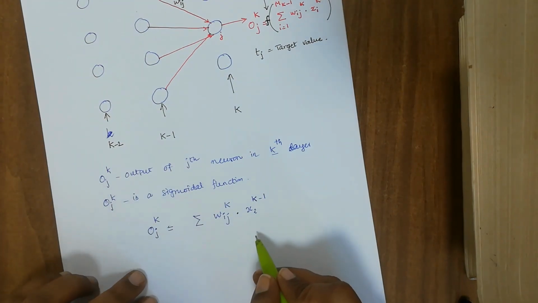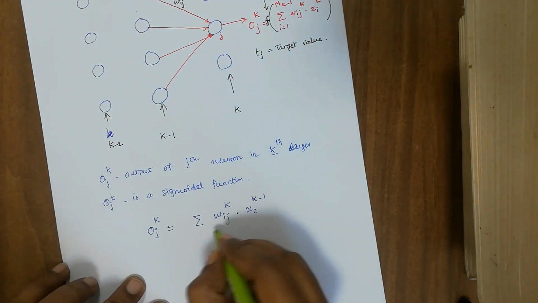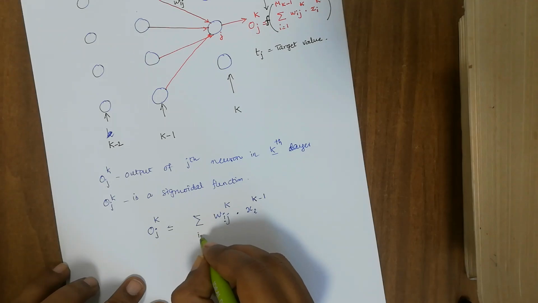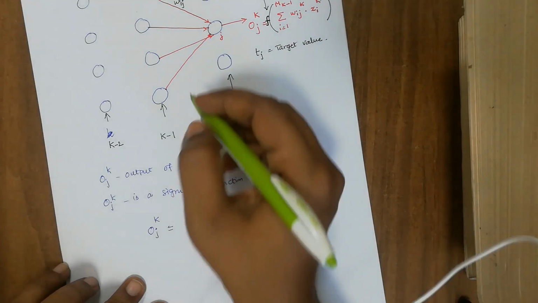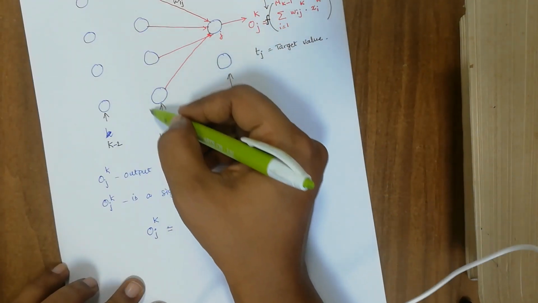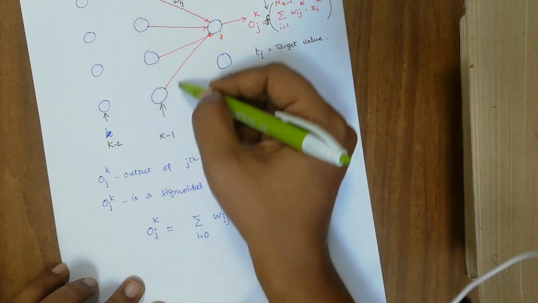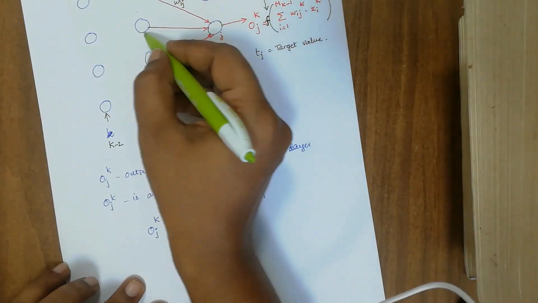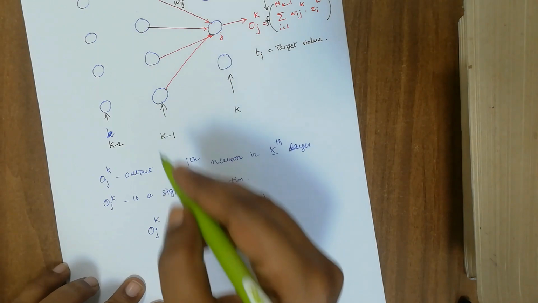Here i ranges from 0 to all these nodes, because the weights connect from all these nodes to one particular jth node in the output layer.